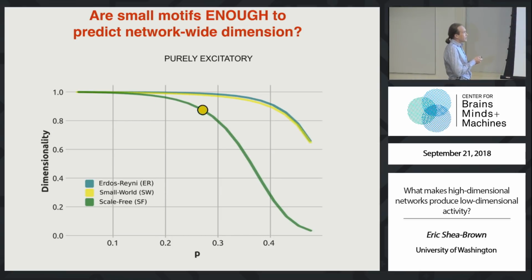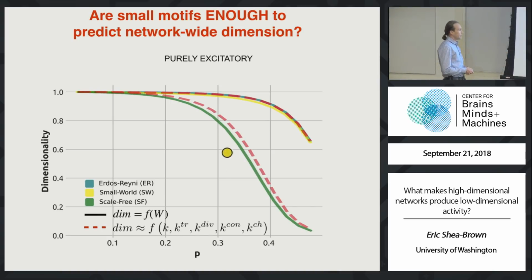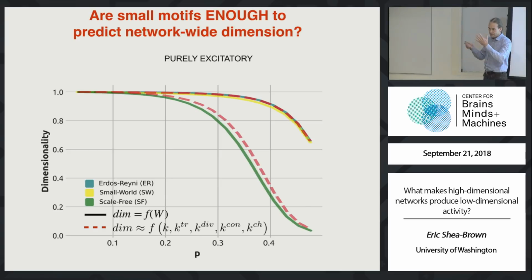In the case of purely excitatory systems, or more generally systems that are dominated by one sign of connections, it works great. So this is the plot that I showed you before: Erdos-Renyi, a random network, small world, scale free. If we look at the full expression for their dimensionality, from knowing absolutely everything about their connectivity, I get the lines that I showed you. If you take an approximation which says just do 3-cell patch clamp experiments and figure out what the statistics of the low order connection motifs are, we also get a very good approximation to the result.